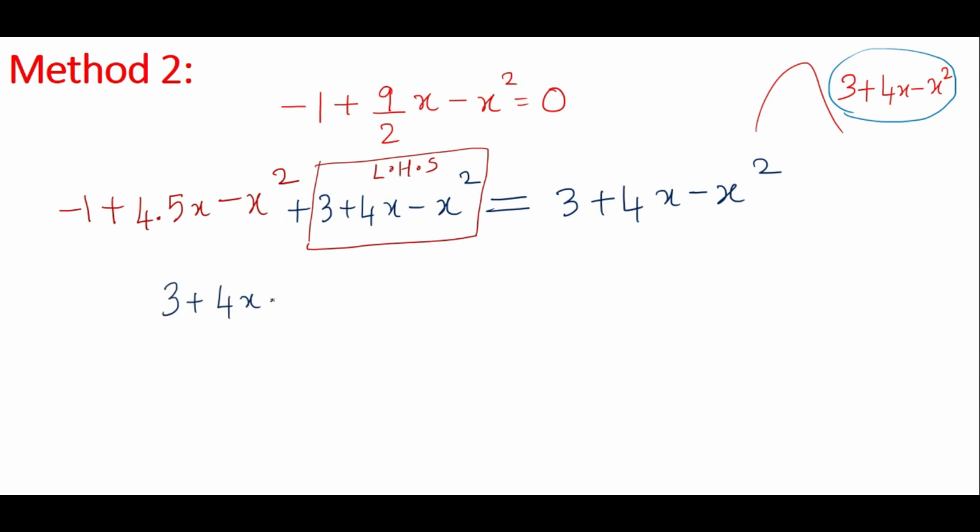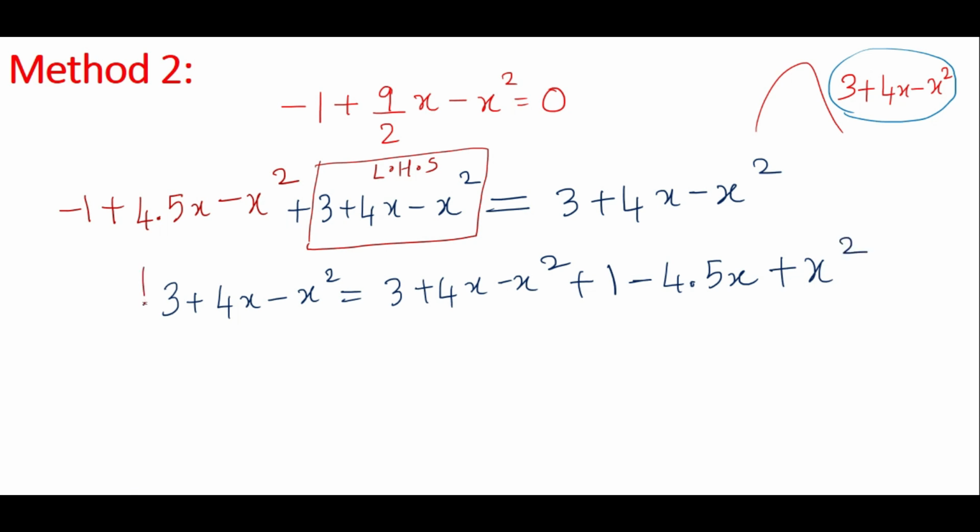3 plus 4x minus x squared is equal to 3 plus 4x minus x squared. Shifting these terms to the other side, I have plus 1 plus 4.5 to the other side, it becomes minus 4.5x. And here you have a minus x squared, to the other side it becomes a plus x squared. Make sure that you keep this part as it is, because this is the parabola that you have already drawn.